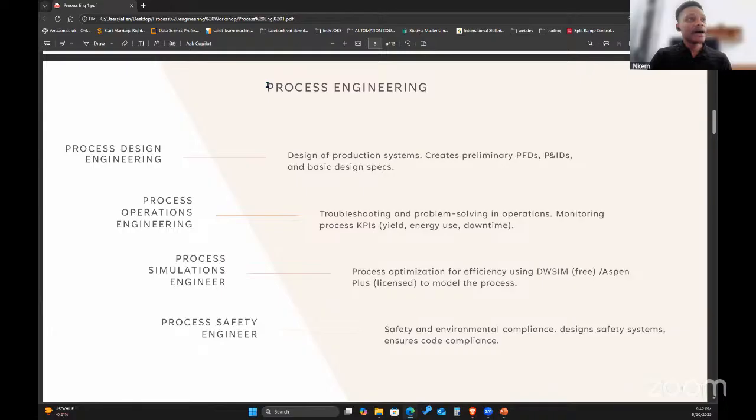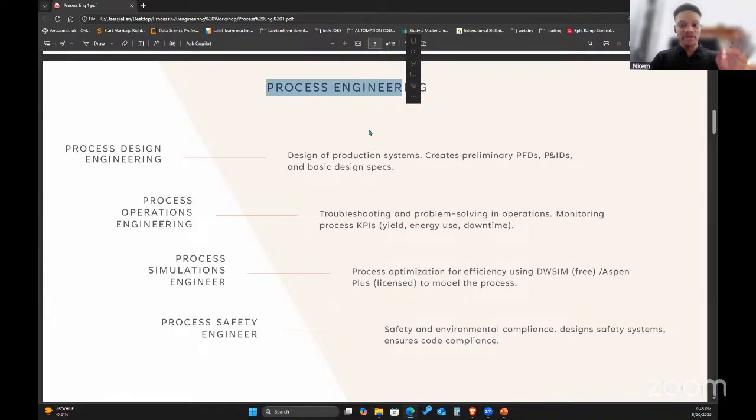Usually, when companies advertise for process engineer roles, they have an expectation for you to have an idea of this, this, this, and this, which is entirely impossible for you to be an expert in all of this, except you've spent a considerable number of years in the industry, probably 30 years, before they can call you a senior process engineer.